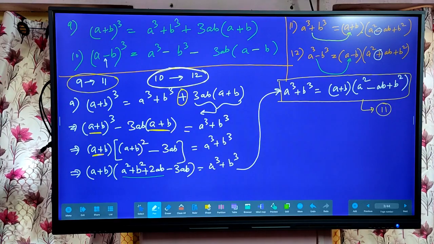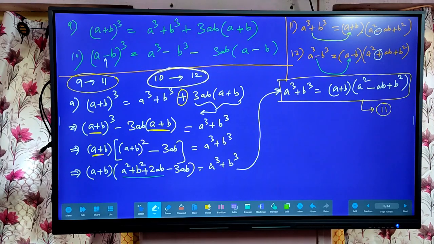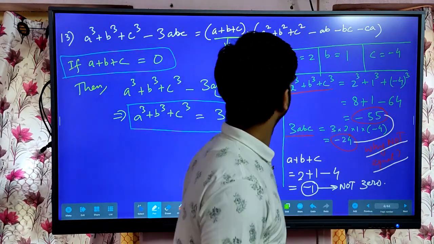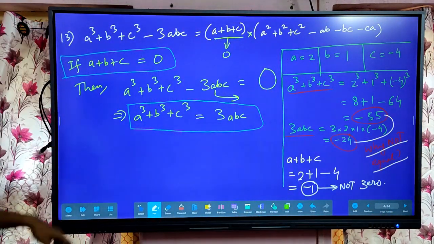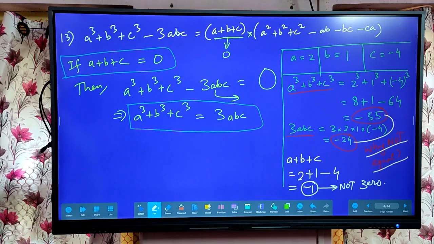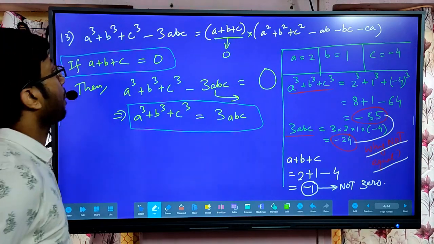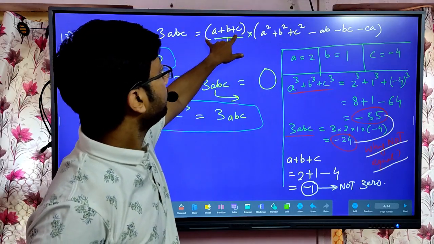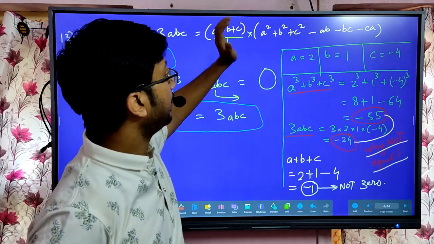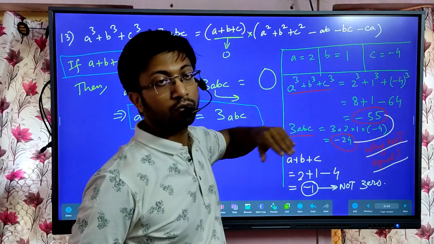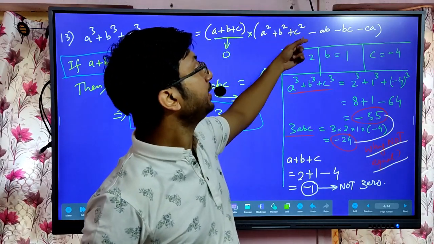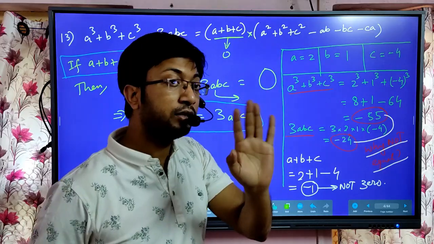A very important, new formula that you have in class 9. Yes, this is the formula: a cube plus b cube plus c cube minus 3abc. This formula will be a plus b plus c multiplied by a square plus b square plus c square minus, not 2ab, 2bc, 2ca.